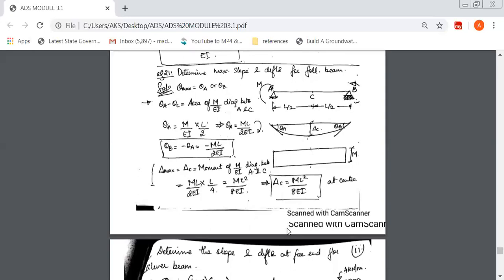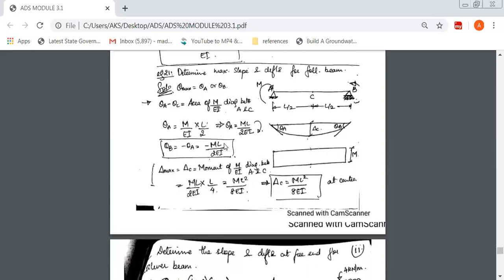Next, if you want to find the maximum deflection, that is delta C, it is the moment of the area of the M over EI diagram between A and C about point A. Again, it's a support, so you're finding the moment about the support.